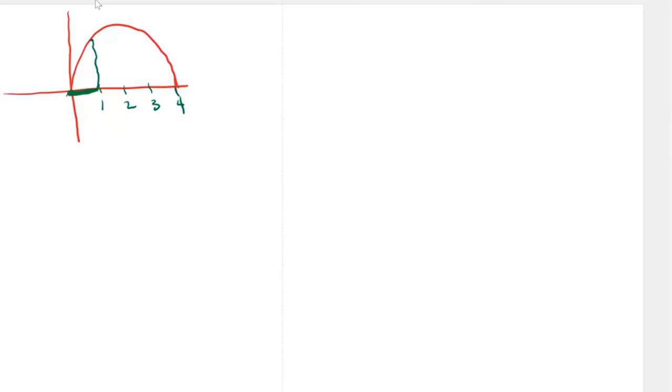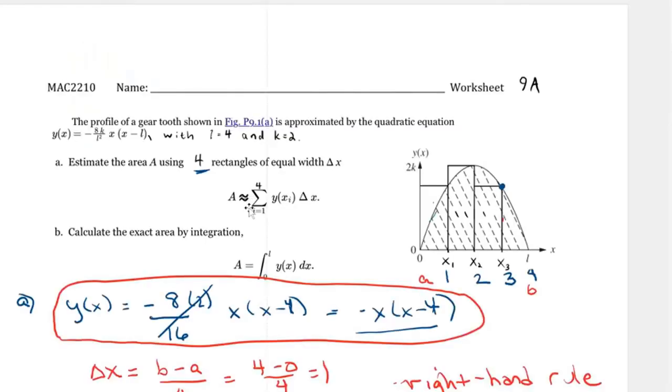So I go this way to here. And then I follow 2 up to the graph. And then I go out to 3. And then I follow 3 up to the graph. And I go out to 4. As you can see, now we again have only 3 boxes because the first rectangle has a 0 height.